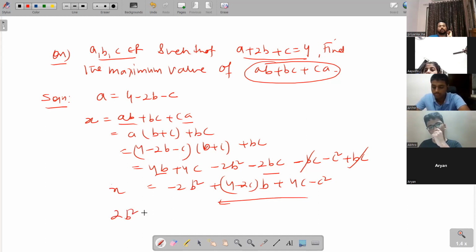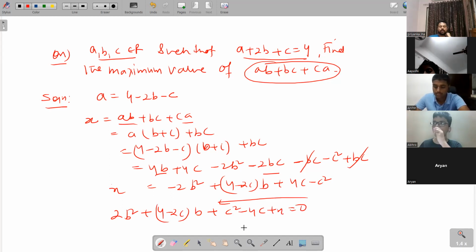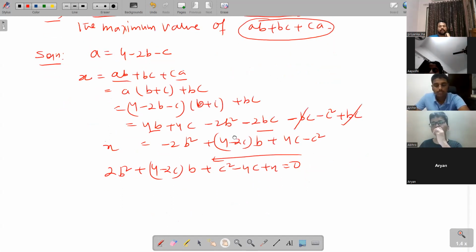So this will be like 2B squared plus (4 minus 2C) into B plus C squared minus 4C plus X equal to 0.